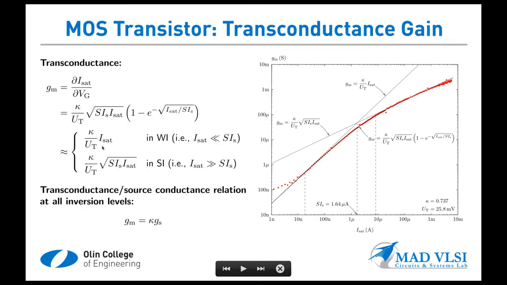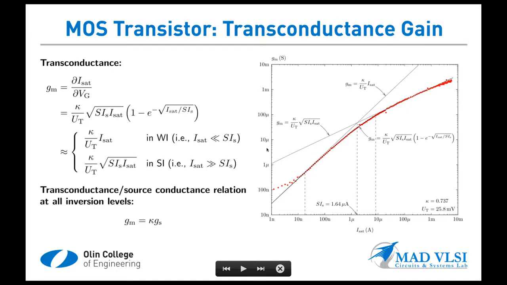And in weak inversion, we have a translinear type relationship where the transconductance is just proportional to the current, which is pretty much like what we had with the BJT, only in this case it's the saturation current instead of the collector current, and we get a factor of kappa out front instead of just I_sat over UT, it's kappa I_sat over UT.